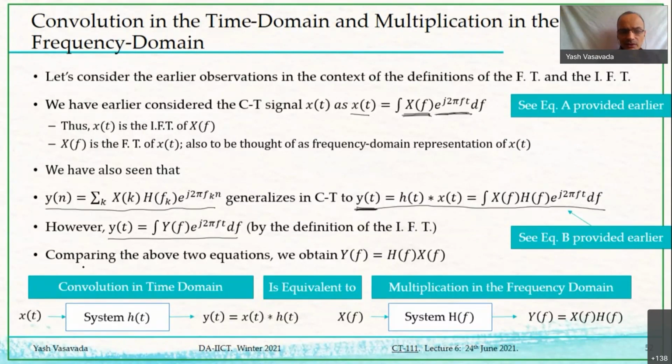So this is one of the key properties of the Fourier transform and of convolution of linear shift invariant or linear time invariant systems whose output can be written as the convolution of the input and the impulse response.